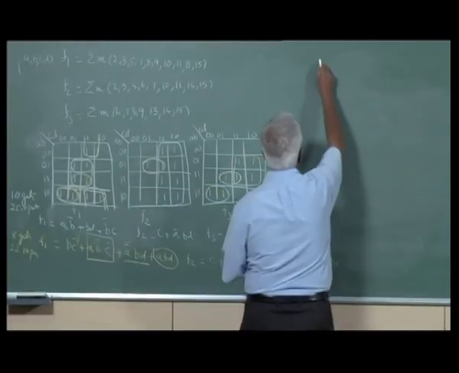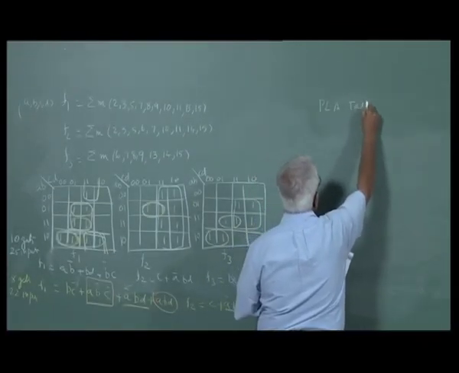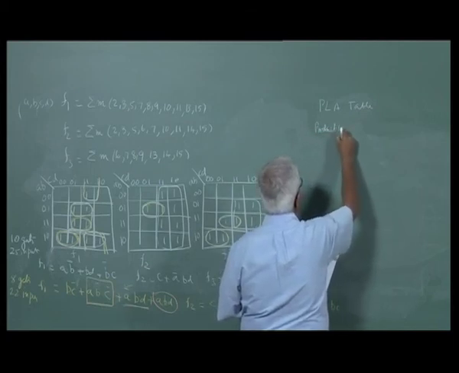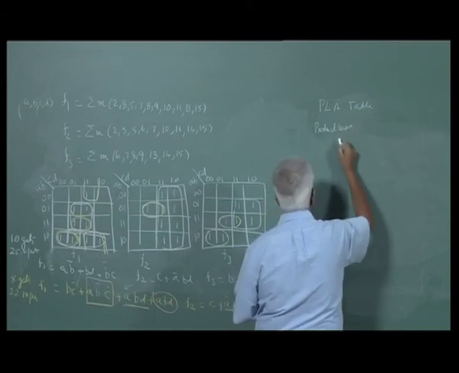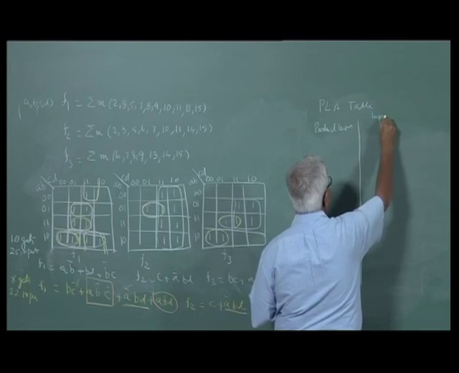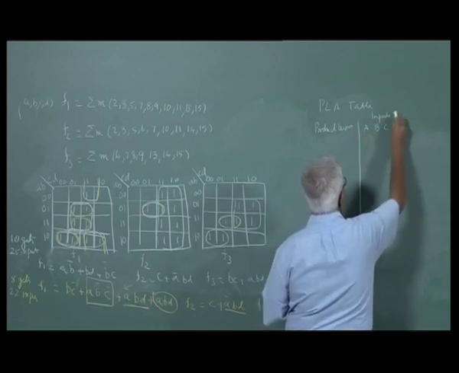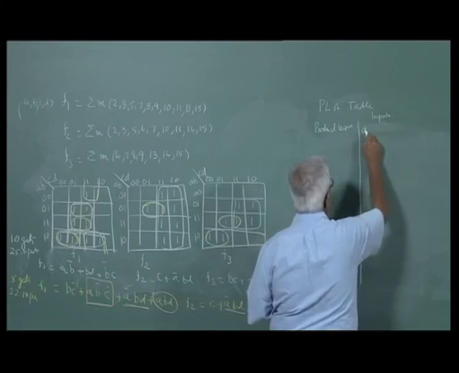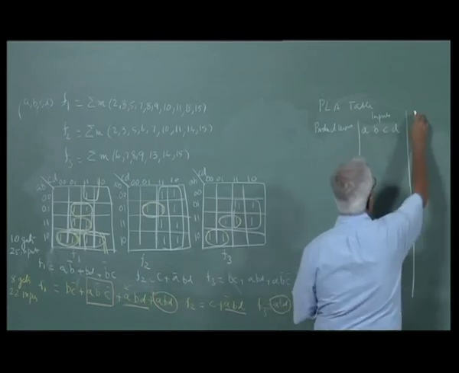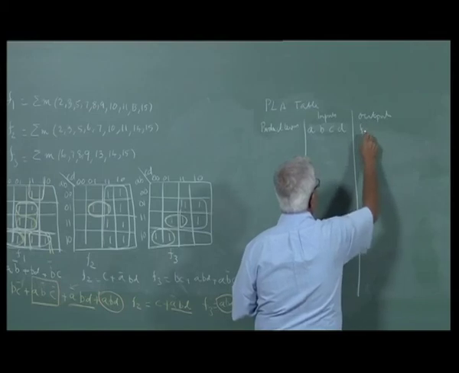For this problem, PLA table is product terms, inputs are A, B, C, D, small a, b. Outputs are F1, F2, F3.